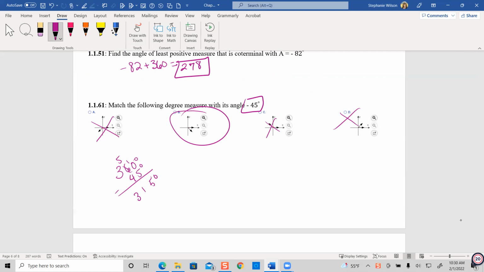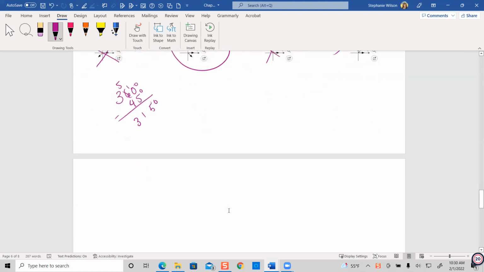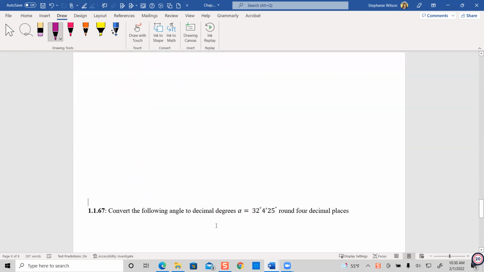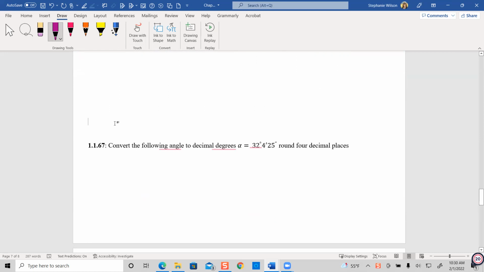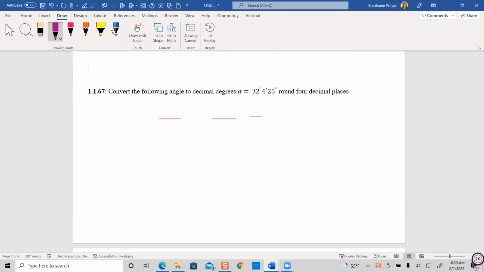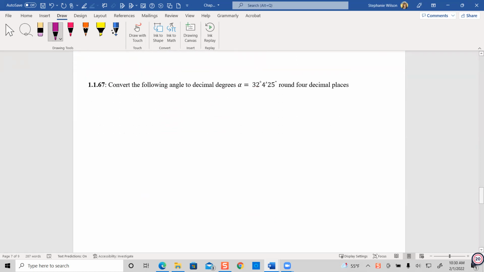So that is solving for angles and measures. I have another one. Let's do minutes and degrees. Let's get this one right here. Okay, so let's do minutes and degrees.